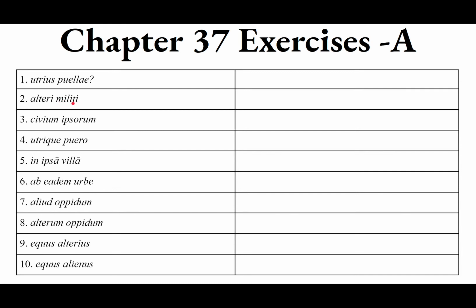Militi is also dative singular masculine. So it's something like to the other soldier. Alter can also be translated as the second because there are two things. There's one and then there's the other one, the second one. So you could say to the second soldier, to the other soldier, for the other soldier. This is dative, the other soldier.